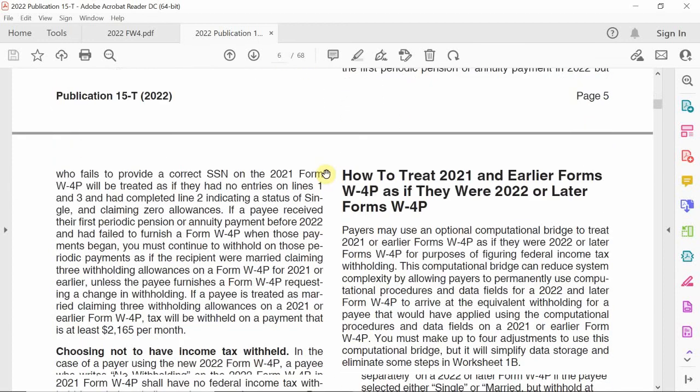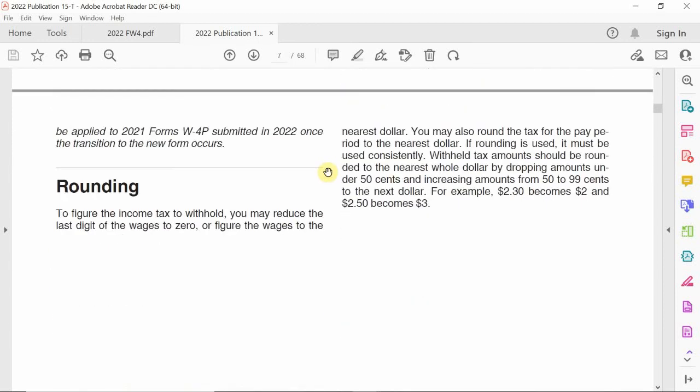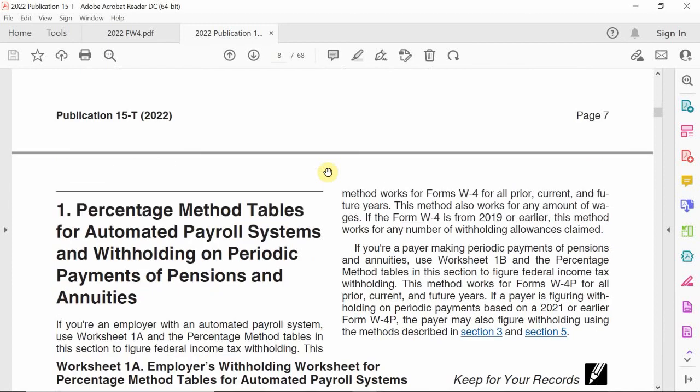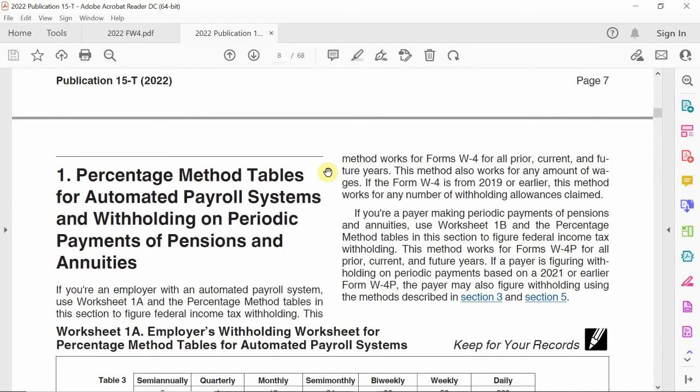The very first table that you will see here is going to be the tax tables for automated payroll systems, meaning things like QuickBooks are going to be an automated payroll system. Any application, any means that you have to use an automated payroll system, that's the first table that you're going to use. In this case, we're not using an automated payroll system.